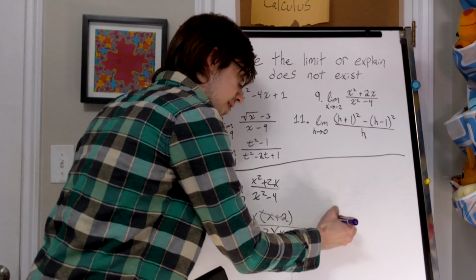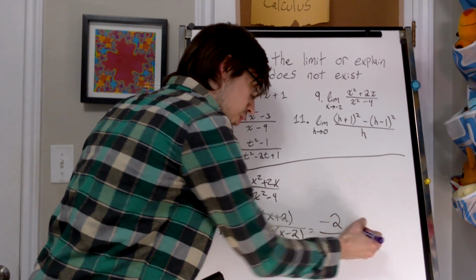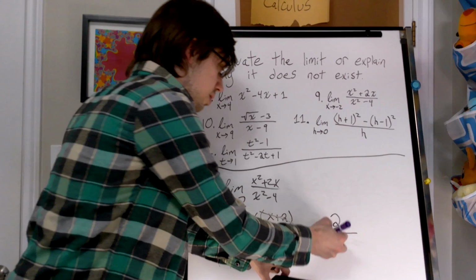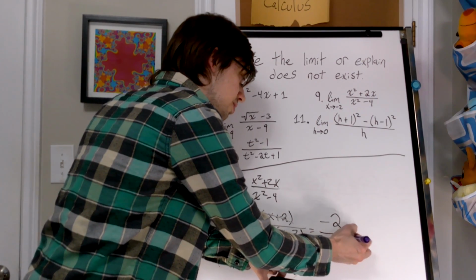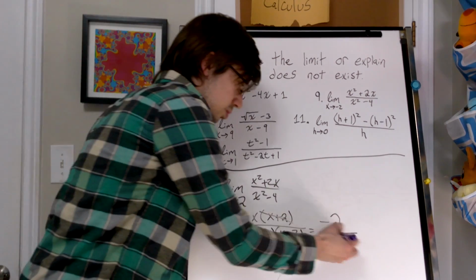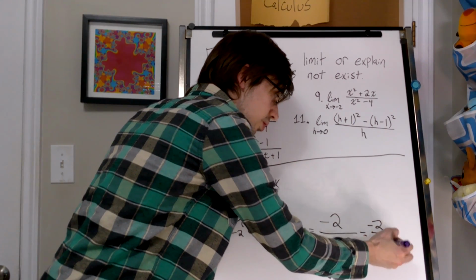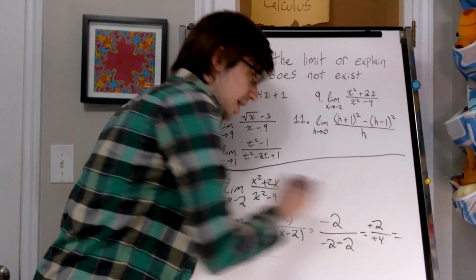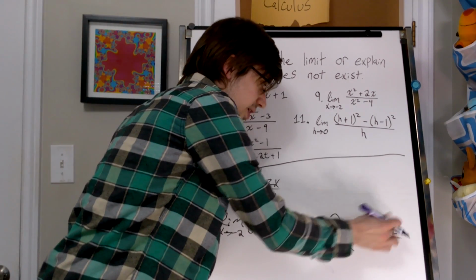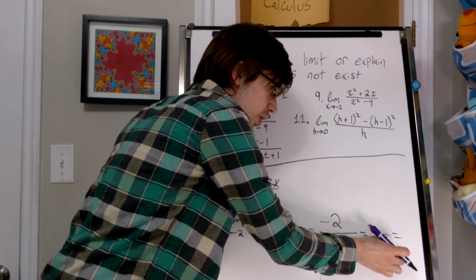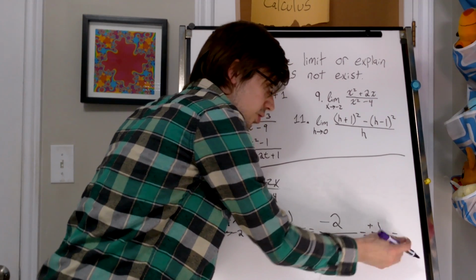We would get negative 2 over negative 2 minus 2. It's negative 2 over negative 4. Those cancel. You can divide 2 from each of those. 1, 2.